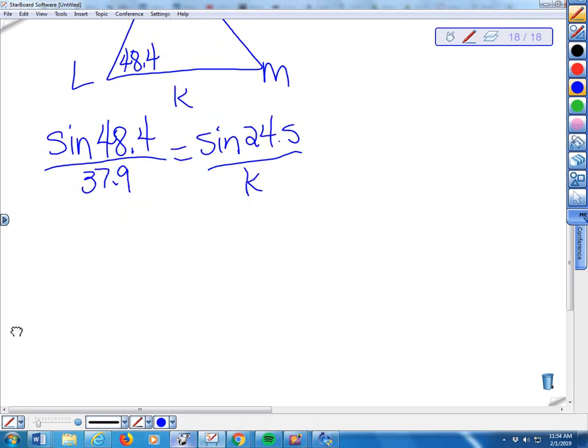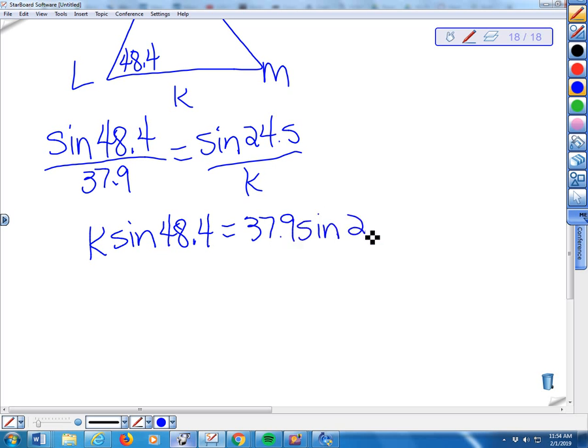Cross multiply. Then divide by sine 48.4.